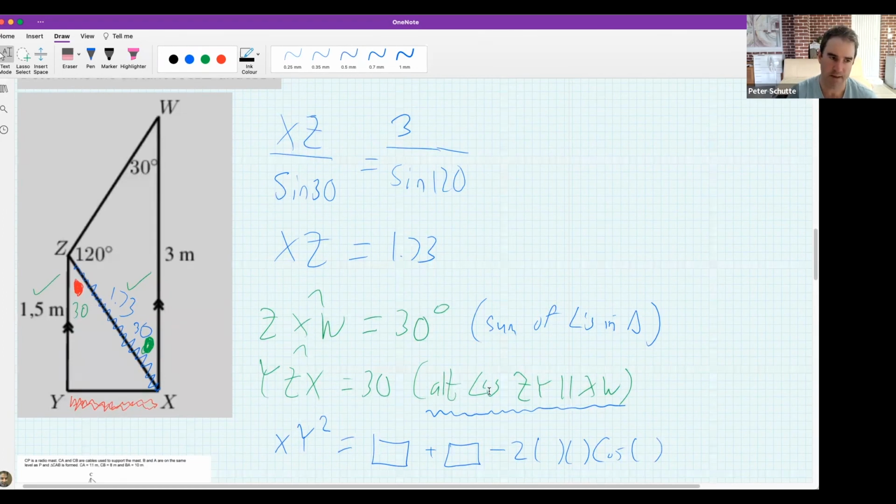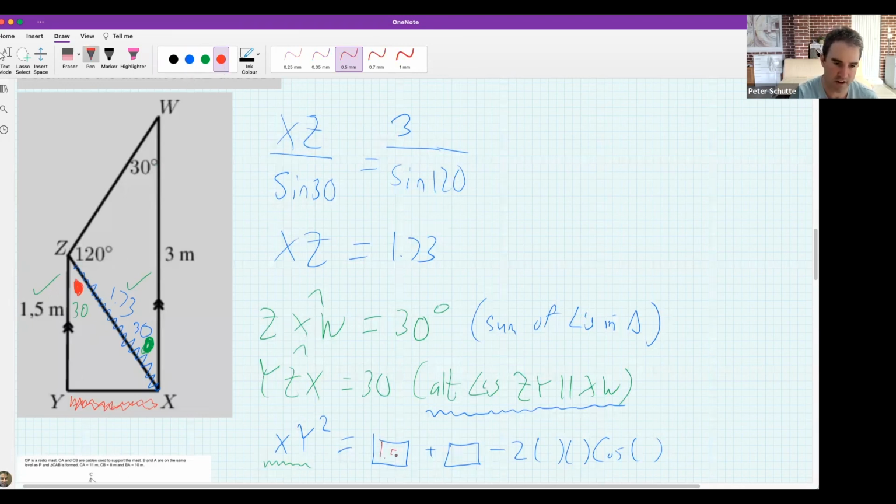Now, the biggest thing that students take a while to recognize is which sides go with which things. And what I want to suggest is that this one is all by itself. The other two sides are the ones that are invited to the party. So what are the other two sides? The one is 1.5 and the other one is 1.73.